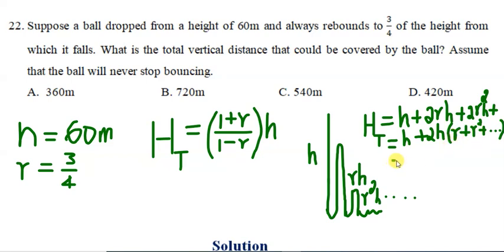And therefore, here h plus, the formula is the same as the previous one, the formula of a converging geometric series. Then put r, the first term, over 1 minus the common ratio. The common ratio is also r.